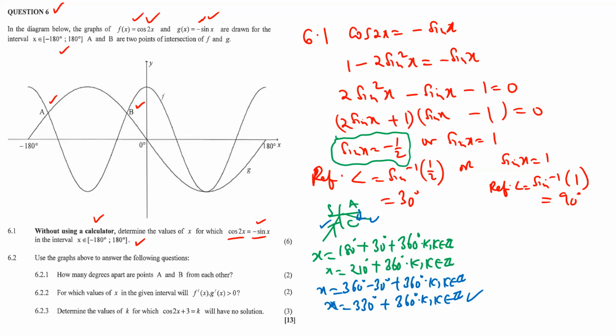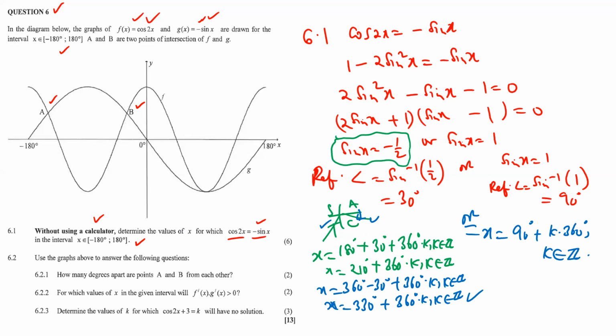Okay, so now this is what we get. So for the reference angle of 90, we infer that x is 90 degrees, plus k times 360, where k is an element of the set of integers.